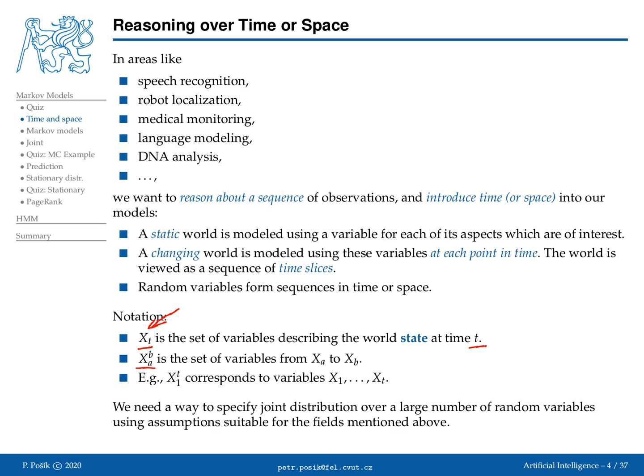So this will be the set of variables from xa to xb. We will very often see this kind of thing, which will mean the whole sequence of variables x from 1 to t. I think this notation is quite clear, and we don't have to explain it more.